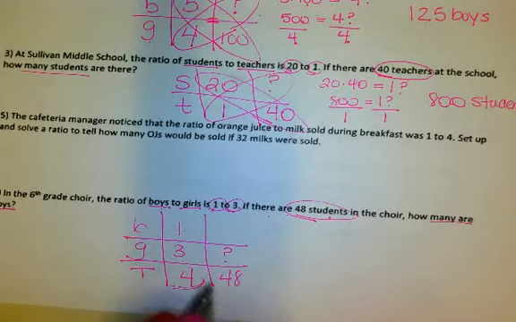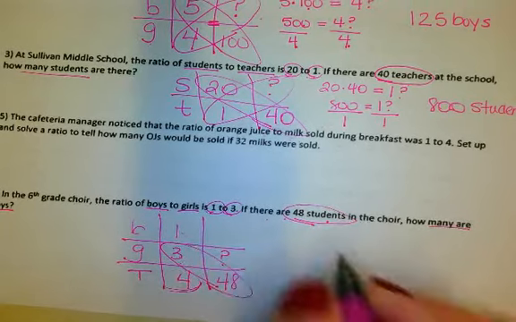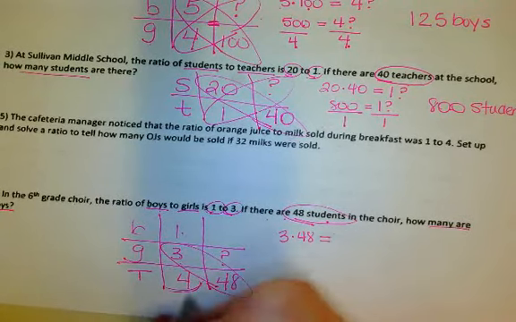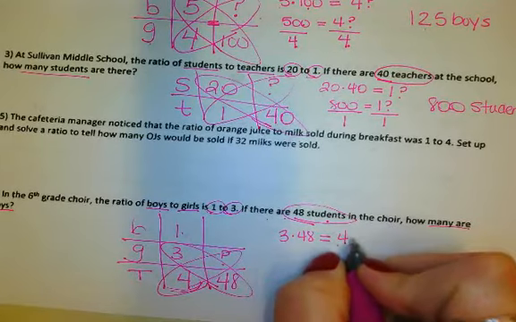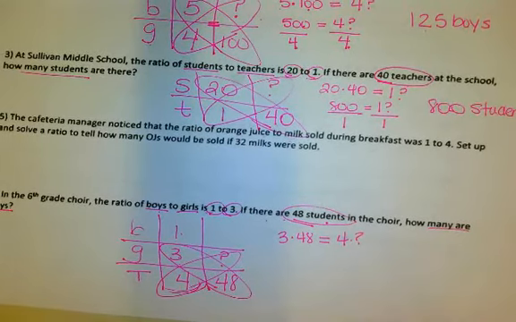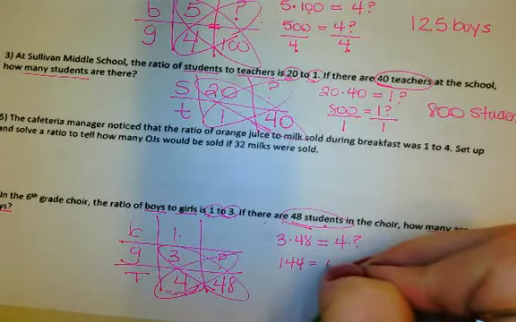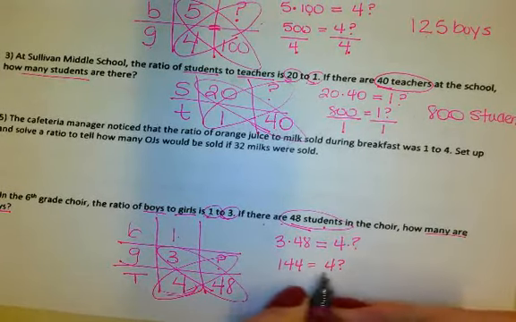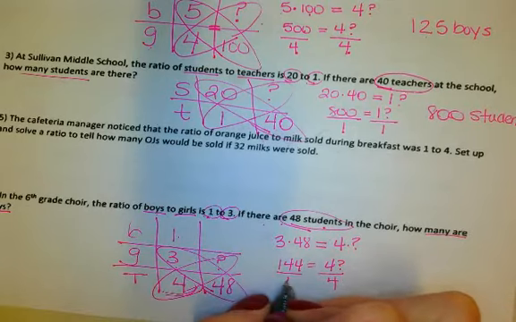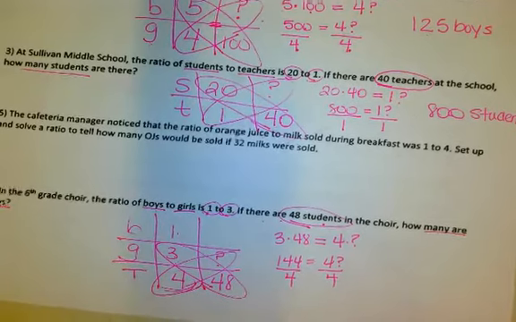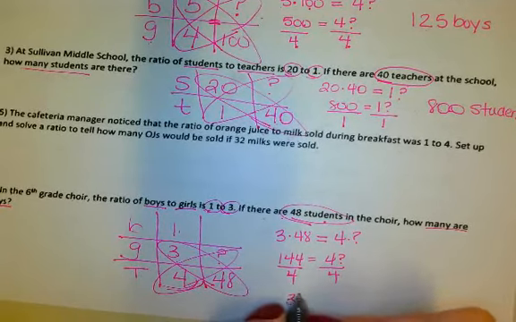There's my question mark. Cross multiply. 3 times 48 equals, go the other way, 4 times question mark. Well, 48 times 3 is 144, and 4 question mark. Divide by 4, and my question mark, which is my unknown, equals 36.